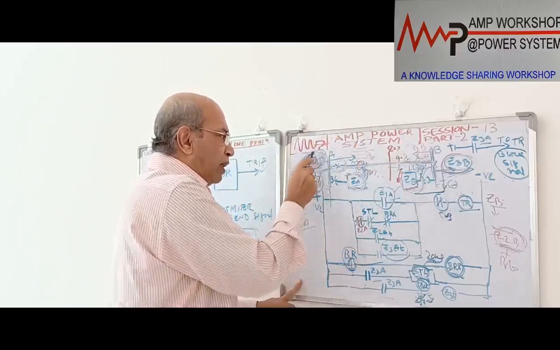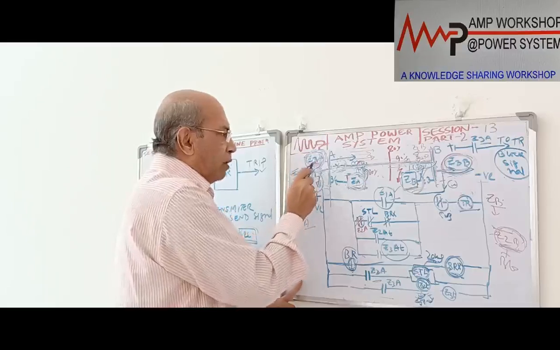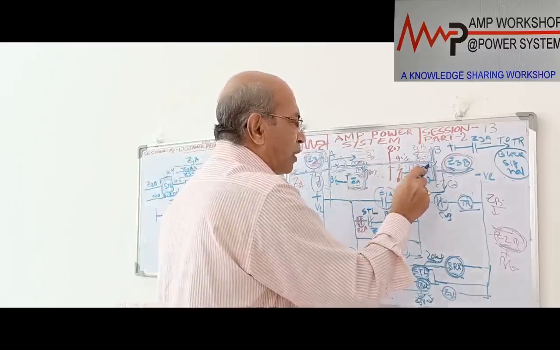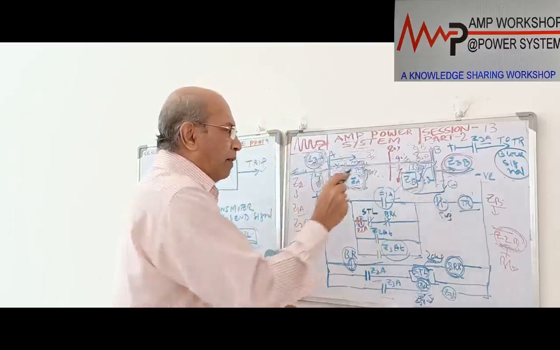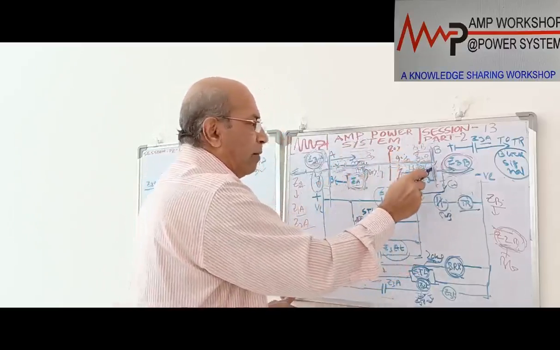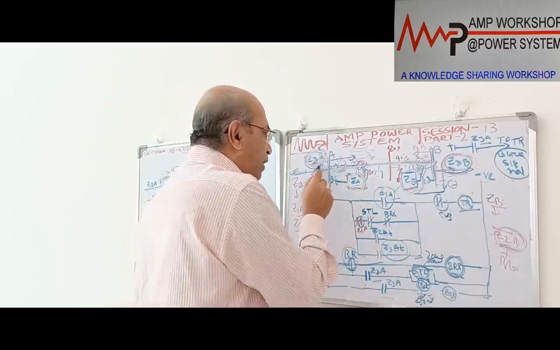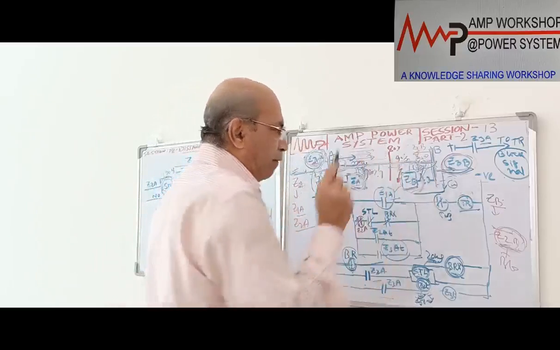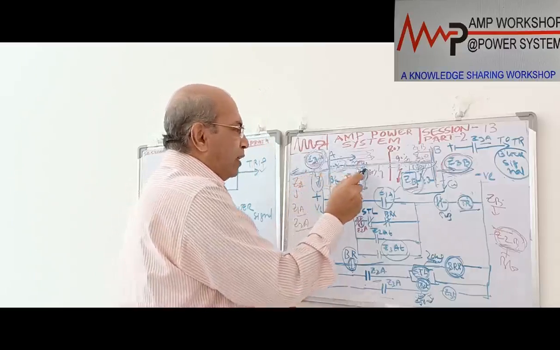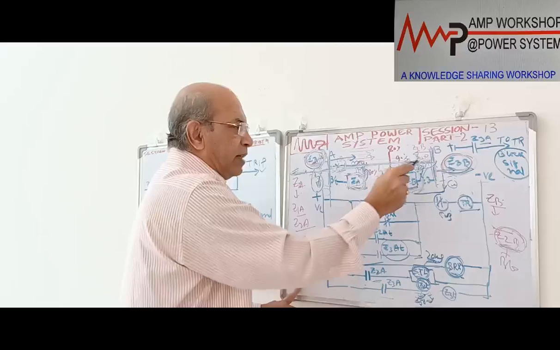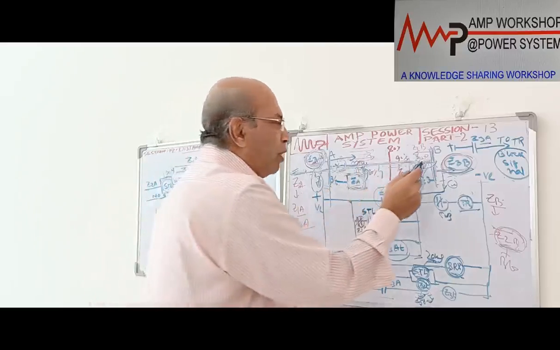If this Z3A is operating, meaning the fault is outside, it will send a signal over here, the signal will be received, and it will not trip. If the fault is inside, no signal will arrive over here. But if at that time the transmitter, receiver or channel fails, then whether the fault is outside or inside, it is not receiving any signal. But Z2 has operated, so immediately it will trip.